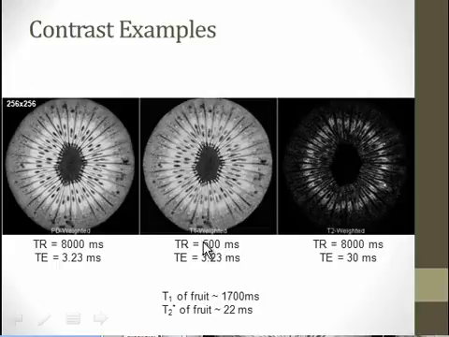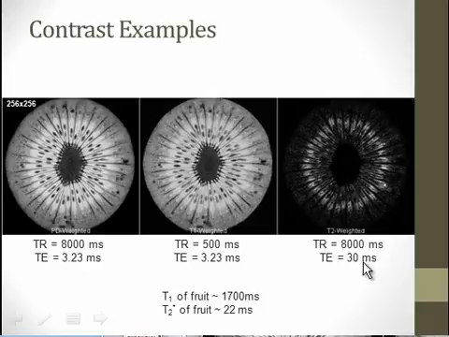This is not the optimal TR; unfortunately, I did not have the time to optimize that. And for the T2 image, you want to keep TR long, which it is here. But notice a change in TE. Now the TE is much longer than for these two cases, and it's longer than the T2 star. Again, this is not the optimal TE. I picked it based on experience.